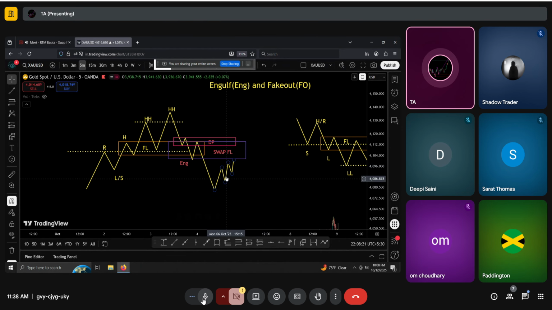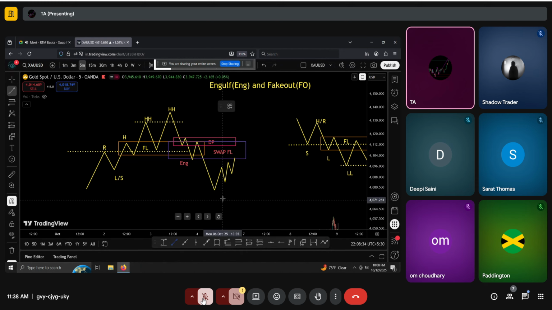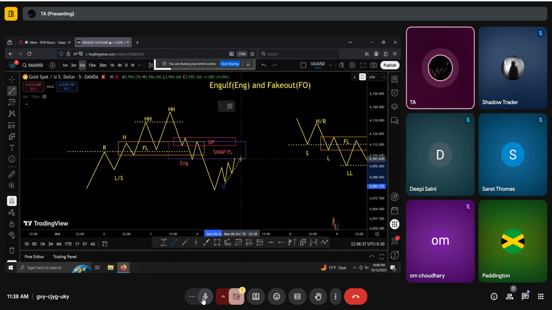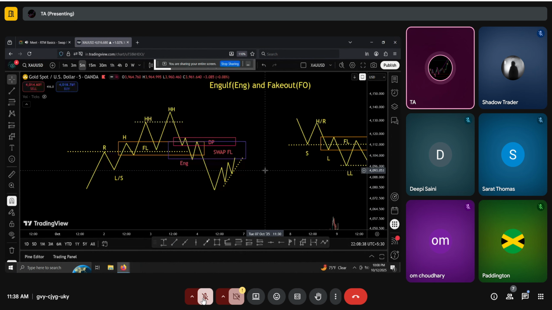Price making higher high, higher low, then again crossing high, low, high. So what impression is this giving? This gives the impression of a bullish trend, isn't it? People draw a trend line like this. Have you seen classical technical analysis?